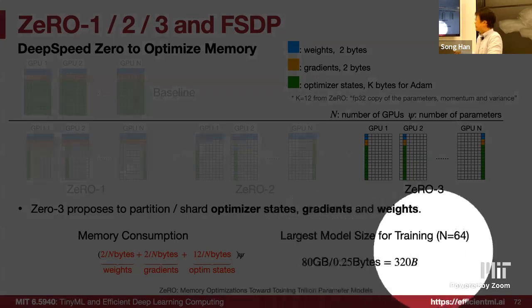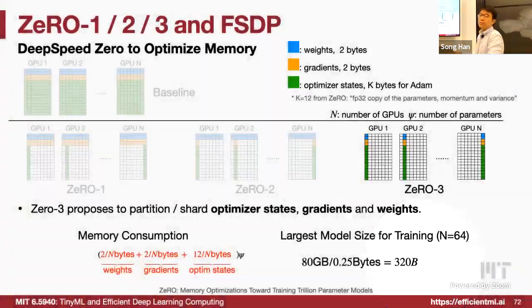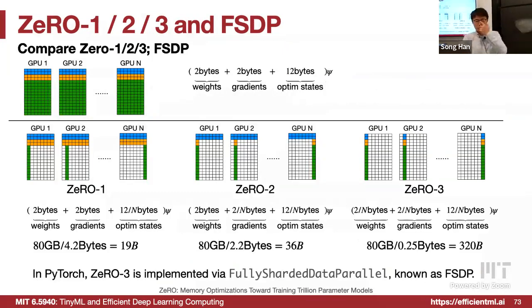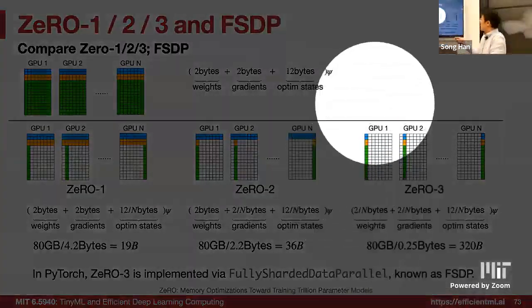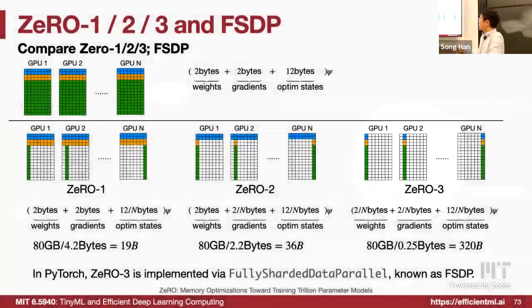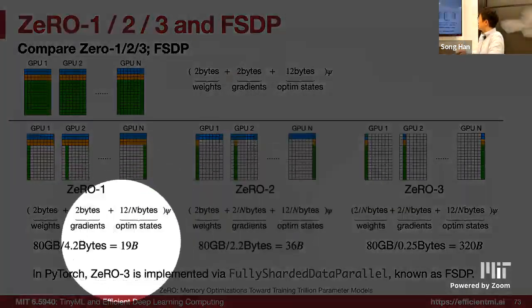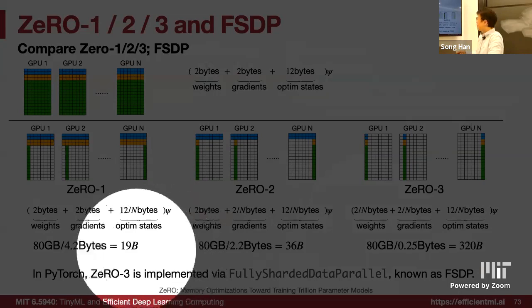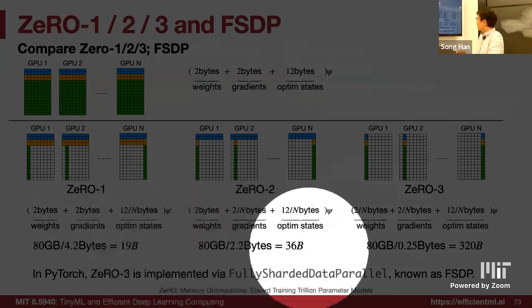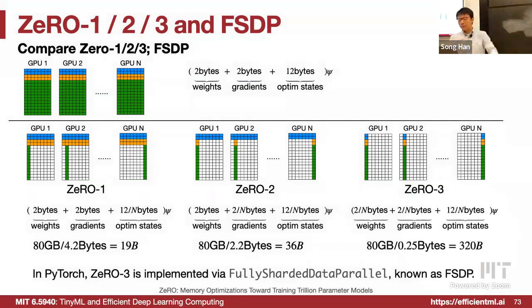For 80 gigabytes of memory, you can now fit 320 billion parameters. That's a lot larger, and this is the widely used approach to train these large language models. We shard the optimizer state, the gradient, and the weight across the GPUs, so we can increase the trainable parameters from just maybe 5 billion all the way to 300 billion.